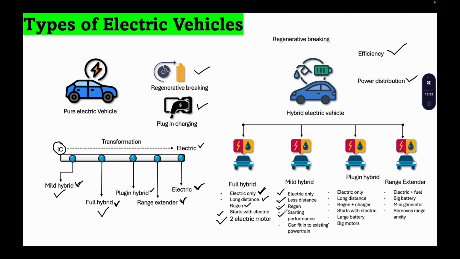As you already know, electric motors have good torque capacity at low speed. Because of that, you get good performance from the electric motor, the efficiency of the vehicle improves, and the range also improves. That's why a hybrid electric vehicle gives good range.